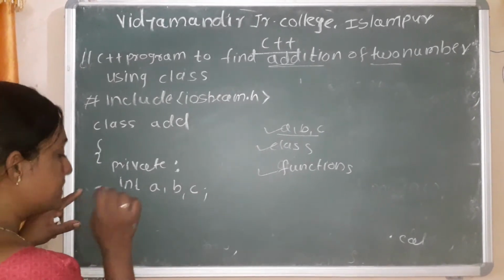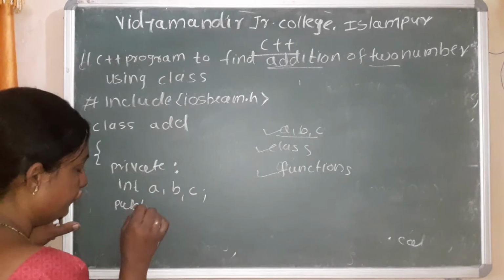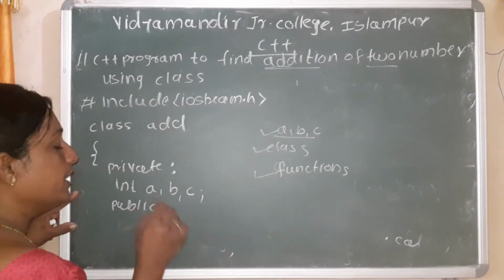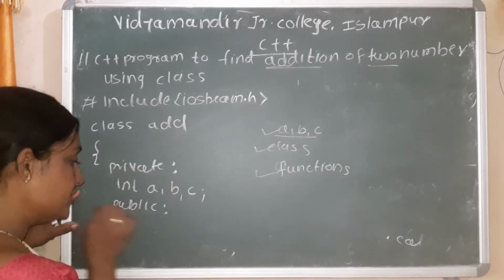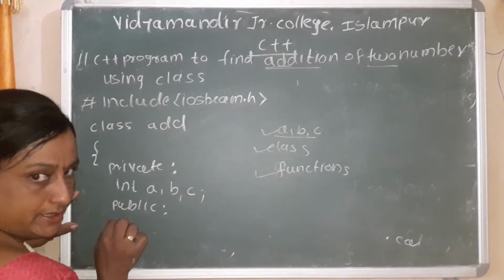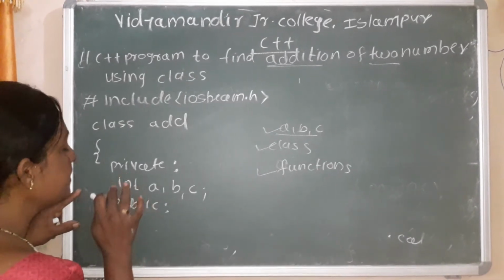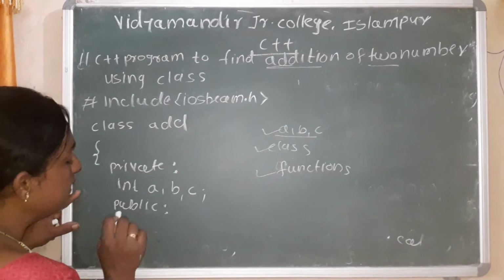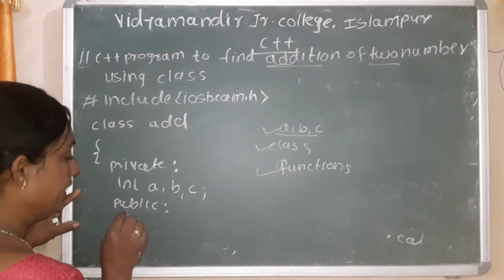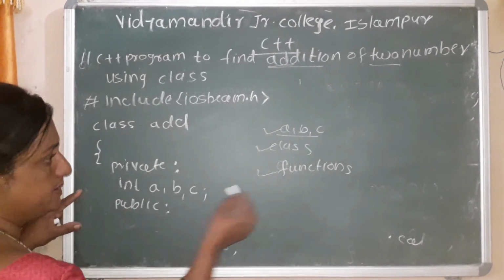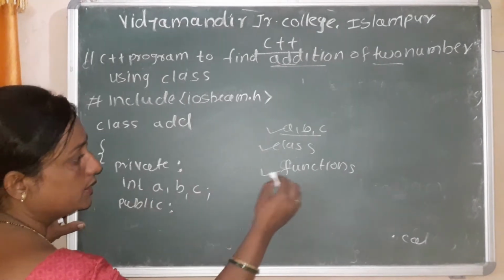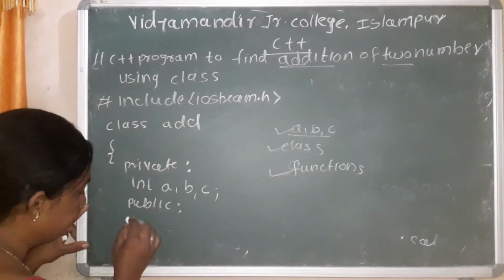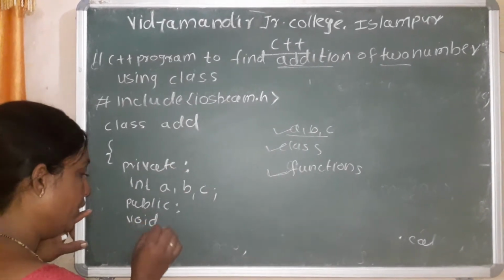Next, in a public section mostly we give the functions. You can also use the function name in a private section, but in this program I declare the function in a public section. The function name is void.